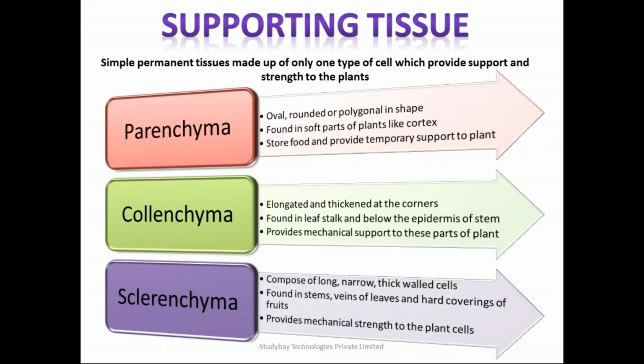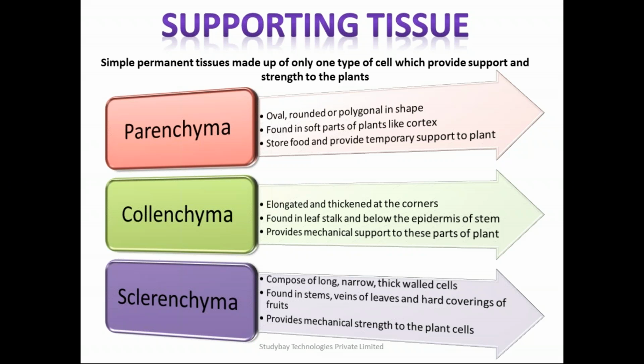Okay. Now, the parenchyma are found in soft parts of plants like the cortex of roots and so on. But in the case of collenchyma, these are found in the leaf stalk and below the epidermis of the stem. Similarly, sclerenchyma are found in stem, veins of leaves, and hard coverings of fruits as well.